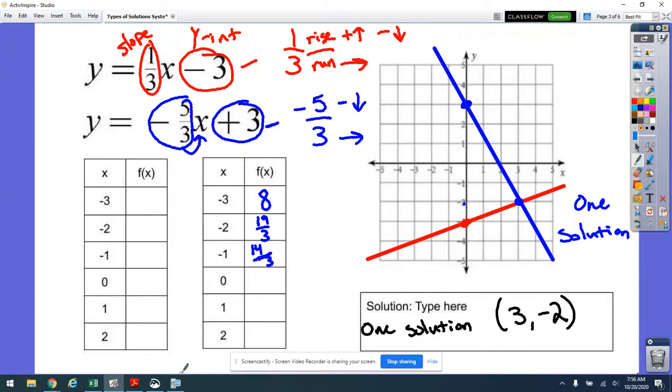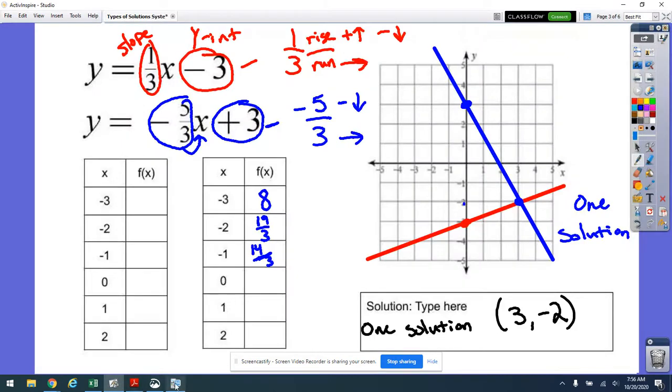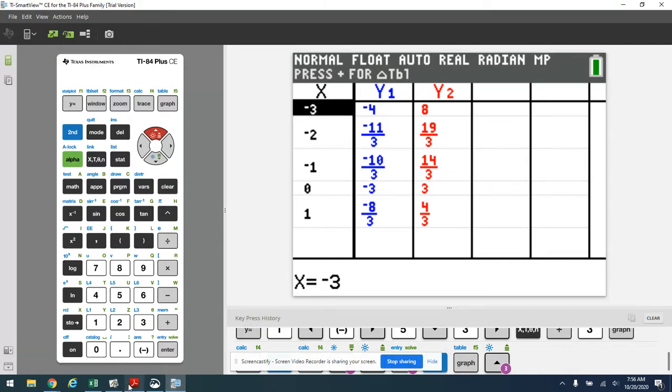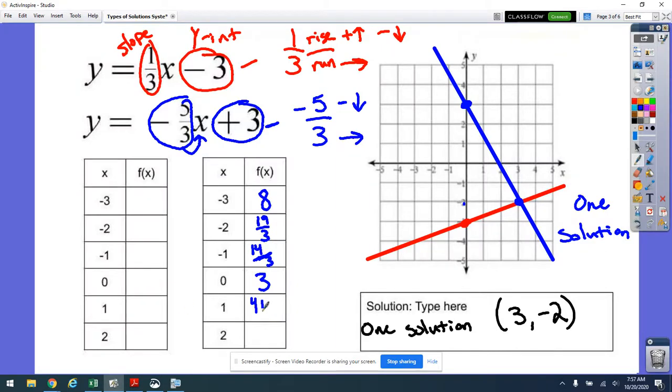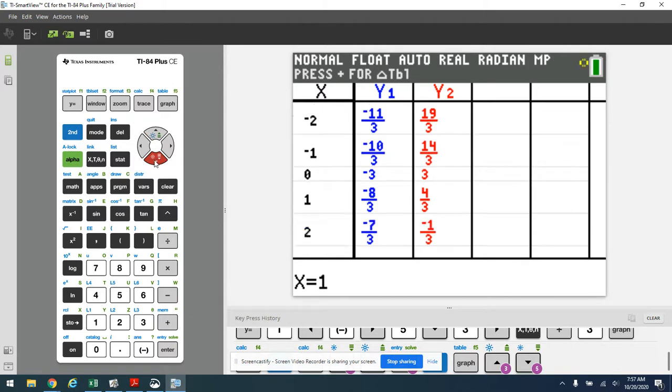Put that on the fraction line. At 0, it is at positive 3. 1 is at 4 over 3. 2, go down a little bit. It's at -1 over 3.